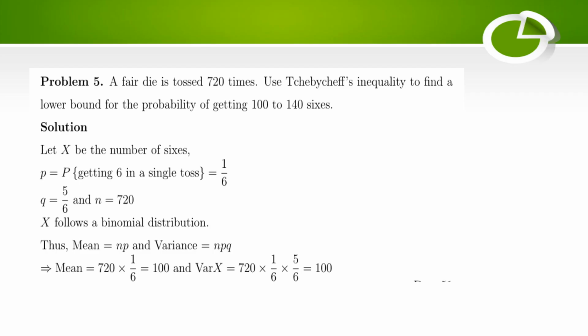X follows a binomial distribution. Thus, mean = np and variance = npq, which implies that mean = 720 × 1/6 = 120 and variance of X = 720 × 1/6 × 5/6 = 100.